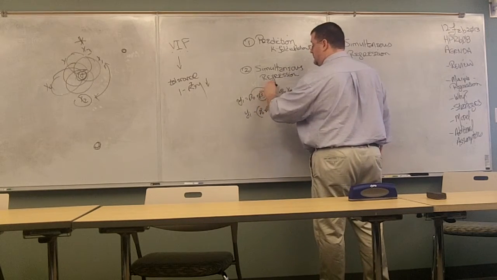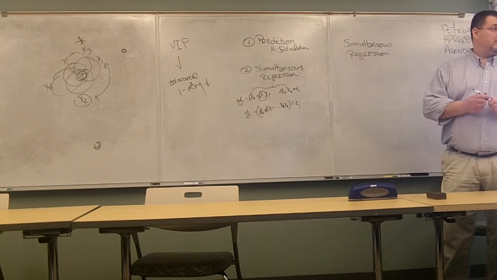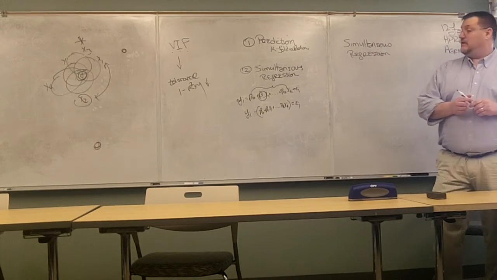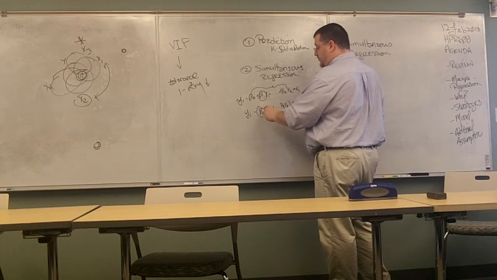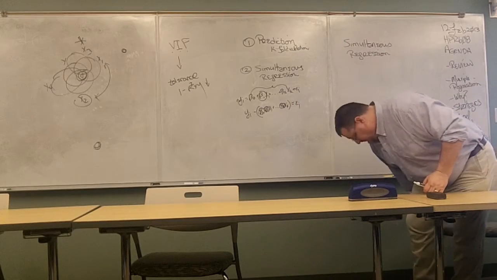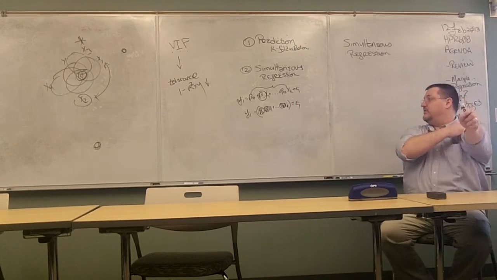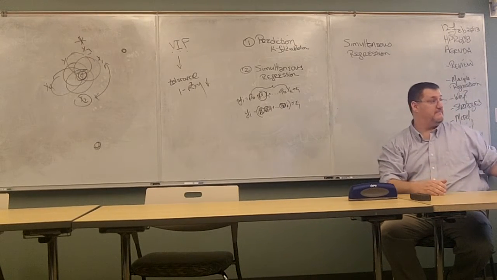This whole system now becomes the expected value, right? So what multiple regression is really trying to do with these beta weights, these regression weights, is come up with what's called a linear combination.